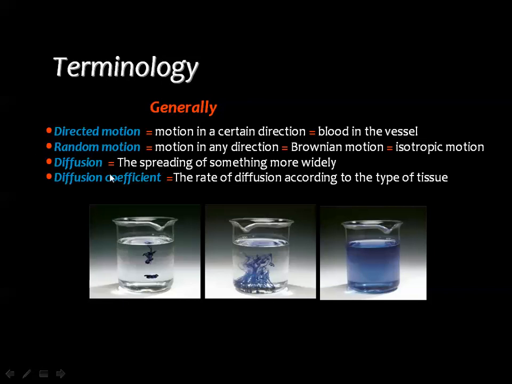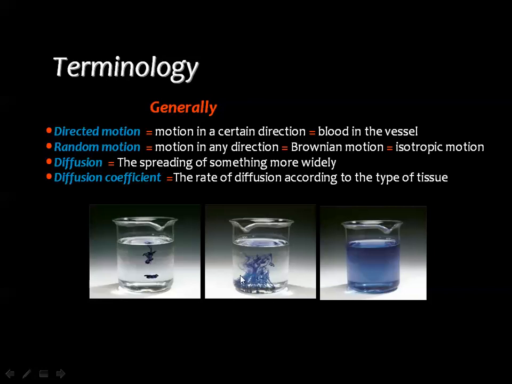The diffusion coefficient means the rate of diffusion in a tissue, according to the type of the tissue. For example, if you put a drop of ink in water and you wait for some time, you see that the ink is diffusing somewhat through the water.